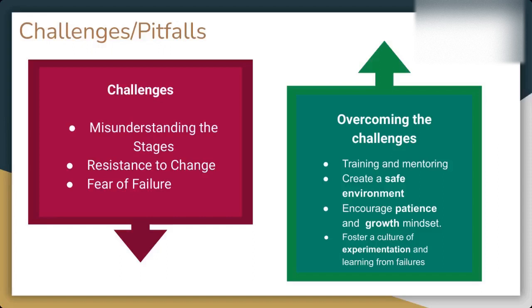So that is where, as a servant leader, you probably have to encourage patience, and encourage the growth mindset, right? You can obviously do that by fostering a culture of experimentation and learning from failures.